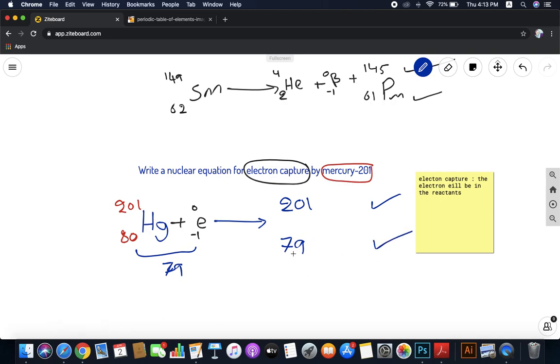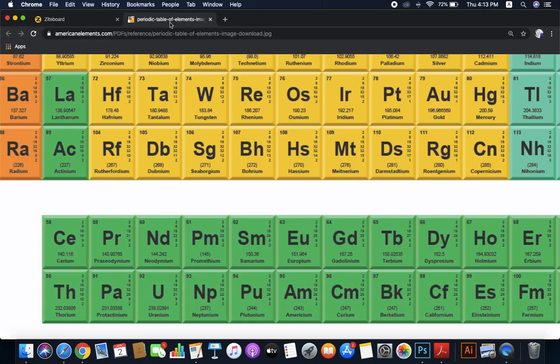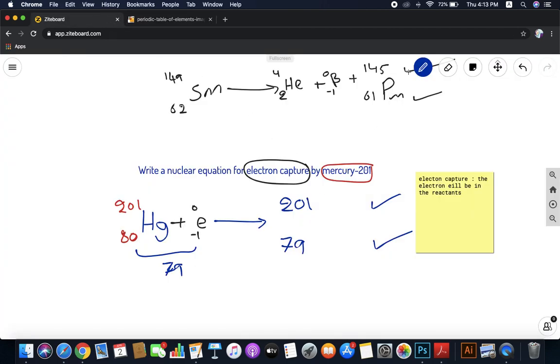Now I need to check the periodic table to find an atom with 79 protons. Usually it will be close to your initial atom. So this is Hg, 79 is Au. So here I write the new atom Au, which is gold.